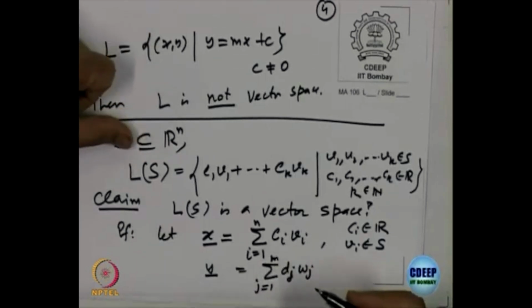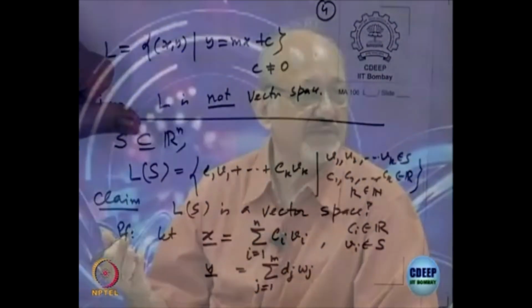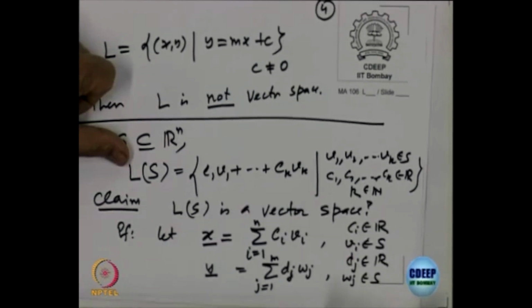They may not be the same vectors chosen again. For y, we will be choosing some other m number of vectors, where dj's belong to R and wj's belong to S. So that is what is given to us.